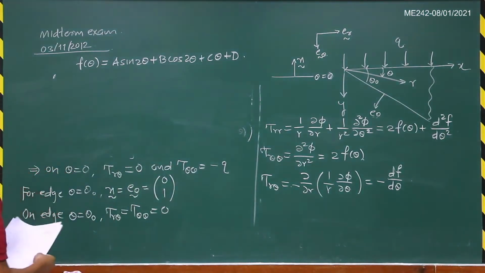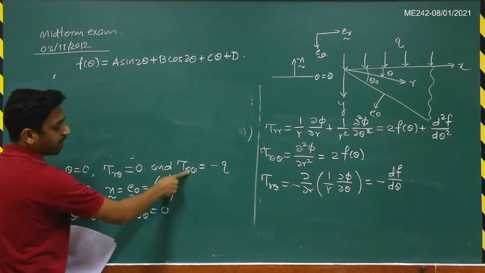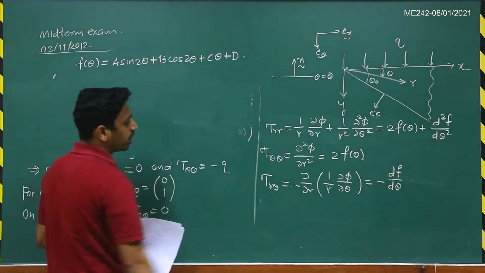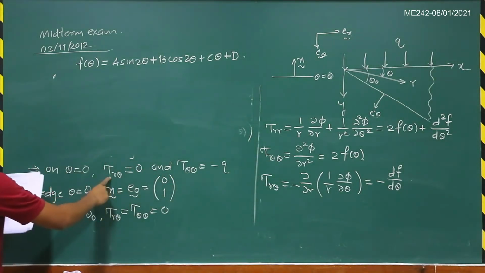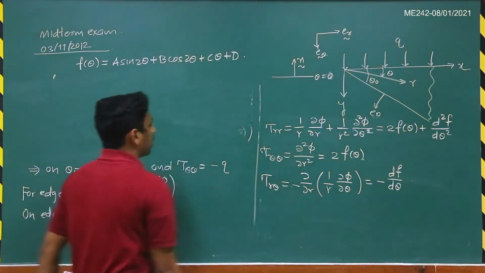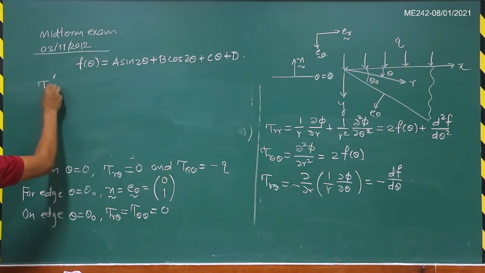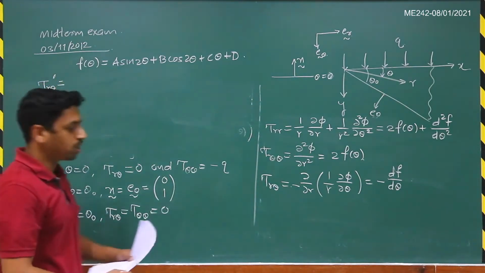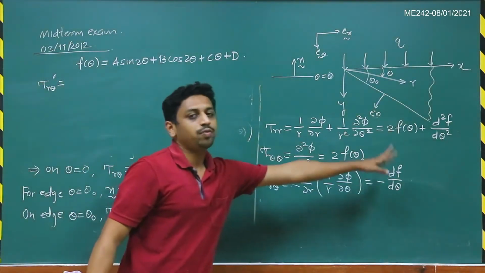Okay, so first boundary condition, we need tau r theta and tau theta theta for putting the boundary conditions. So let's put the first boundary condition, tau r theta at theta equal to 0. So basically we have tau r theta, which is minus of df by d theta.